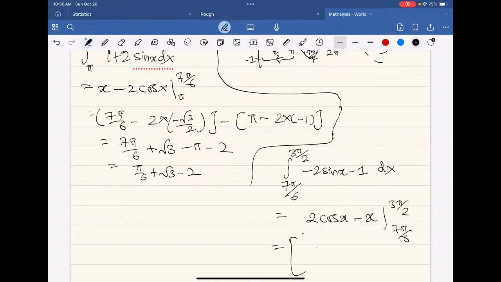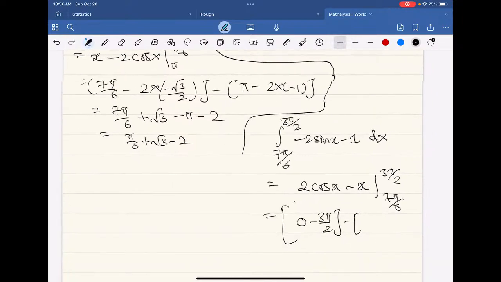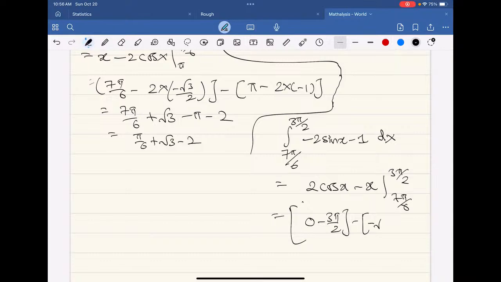At 3 pi by 2, cos is 0. So 0 minus 3 pi by 2. At 7 pi by 6, that will be minus root 3 by 2. So this is minus root 3 minus 7 pi by 6. So that is minus 3 pi by 2 plus root 3 plus 7 pi by 6.